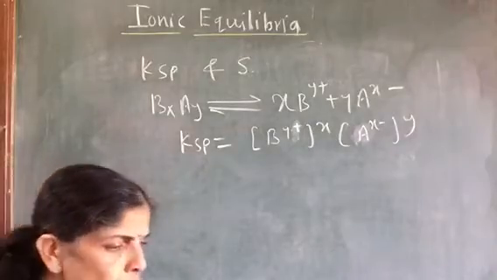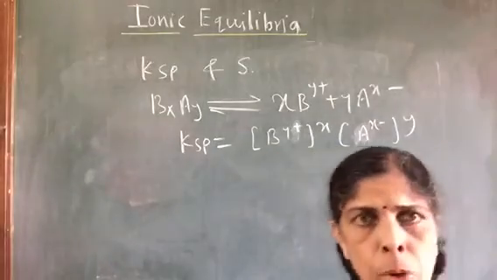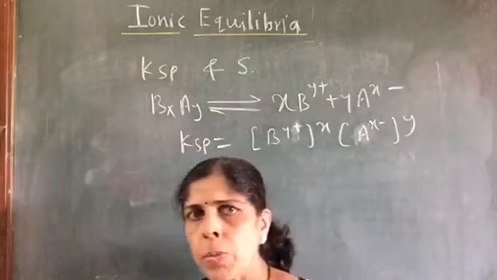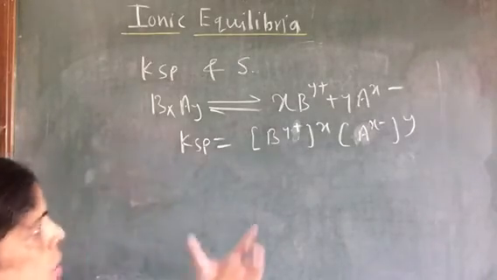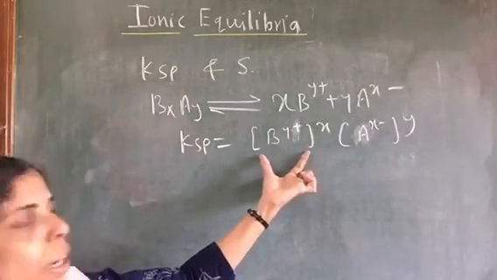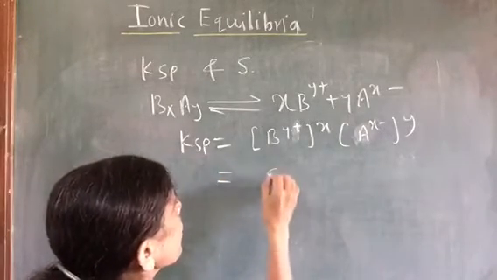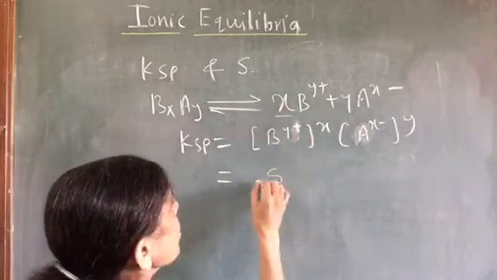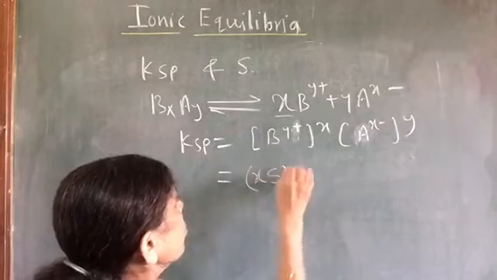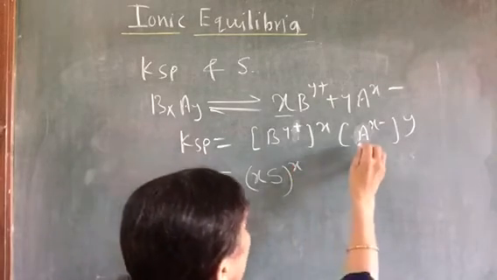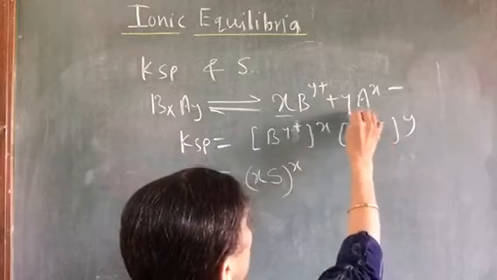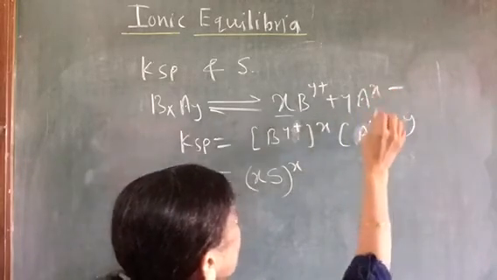If S is molar solubility, meaning S number of moles per liter are present, and the square brackets are nothing but moles per liter, so KSP will be equal to S, isn't it? We have x moles, so (xS) raised to x. Similarly, we will have y moles of A^x-, so (yS) raised to y. So x^x into S^x, y^y into S^y.